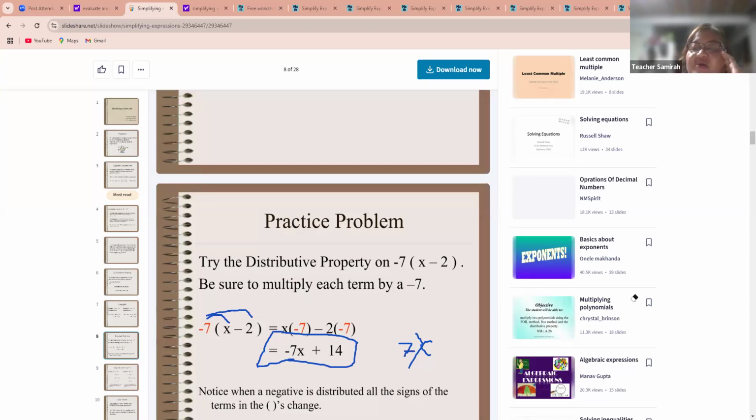Okay, how about the others? Mark is very brave to say that I can actually combine these negative 7x and 14. How about the others? Can I do that? Anyone? Can you send a thumbs up sign?